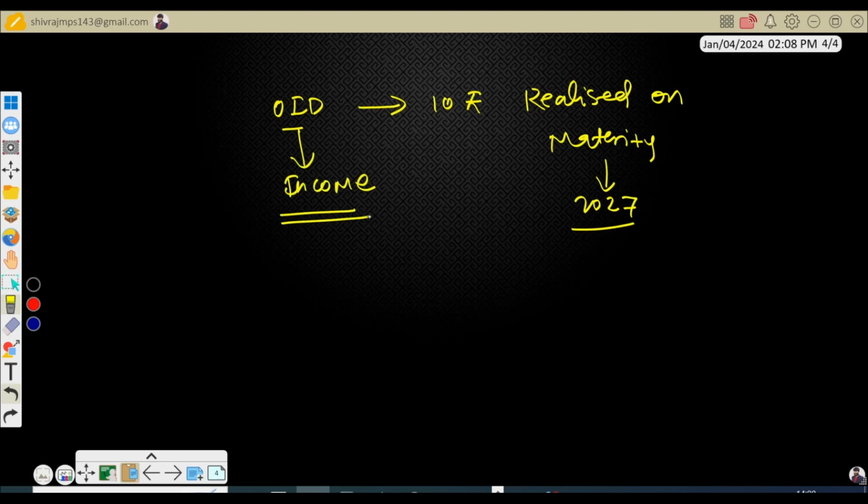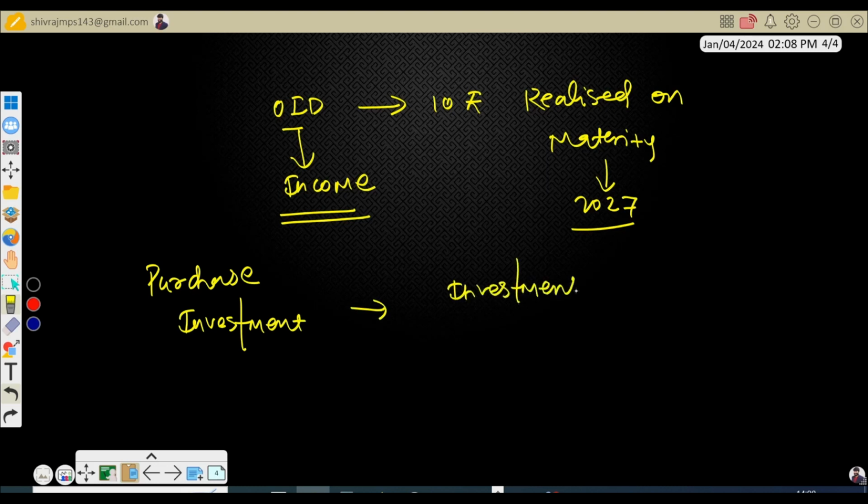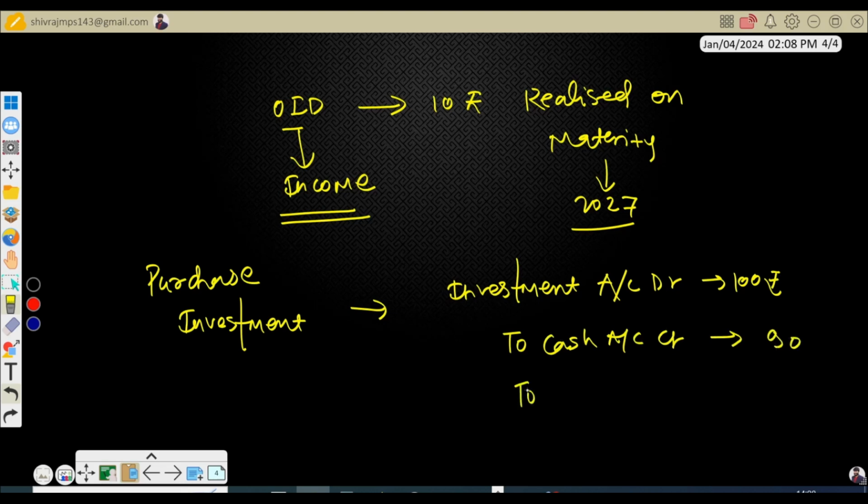When you purchase the investment, the accounting entry would be: investment account debit 100, to cash account credit 90, to OID income account credit 10.